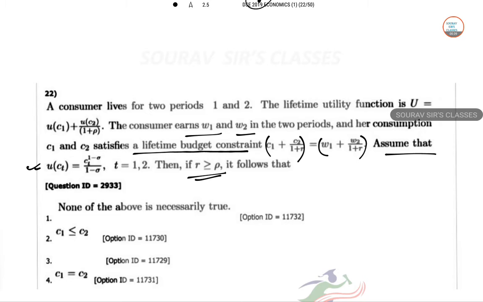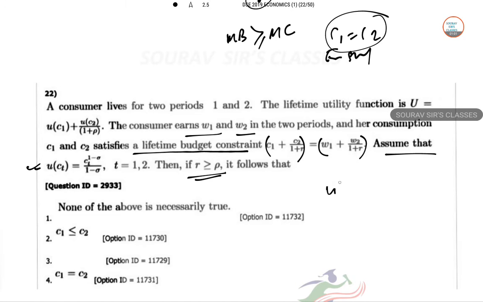So let's have a look. Remember that consumption only occurs if marginal benefit is higher than marginal cost, and at the optimum, marginal benefit is equal to marginal cost. So u'(c1) has to satisfy u'(c1) equal to u'(c2) times (1 plus r) by (1 plus rho).